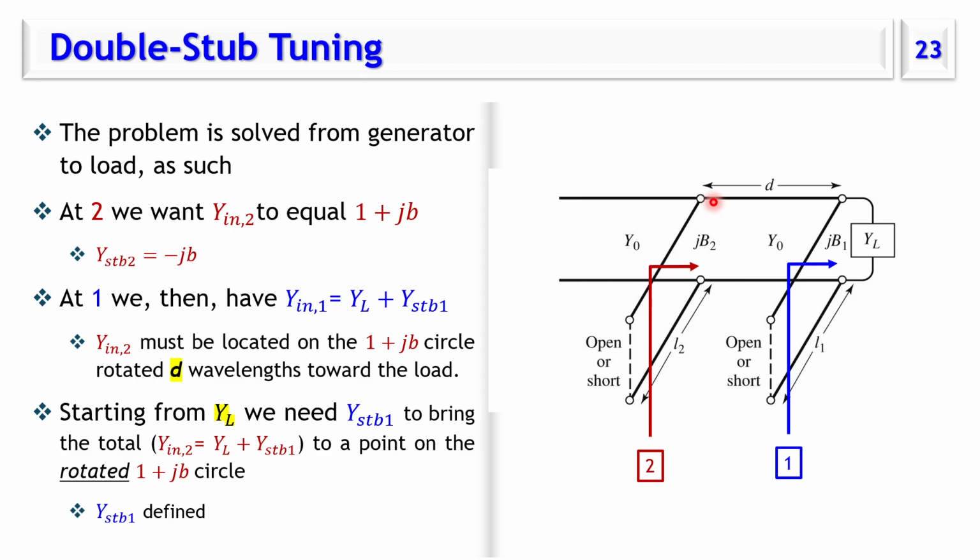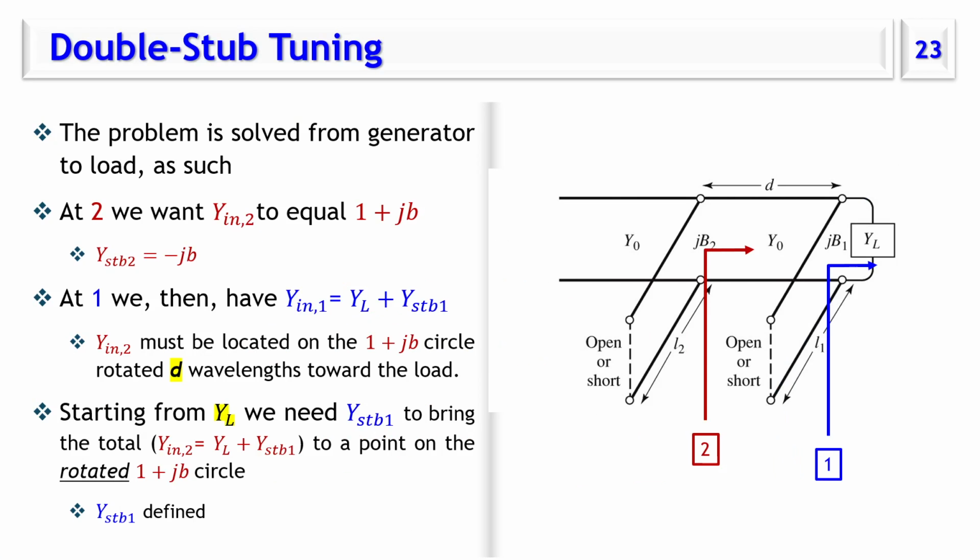Okay, let me do it, this would be clearer. The idea is that the input admittance at this point, looking in this direction, would be equal to 1 plus jB. Then just after the second stub, the input admittance would be 1.